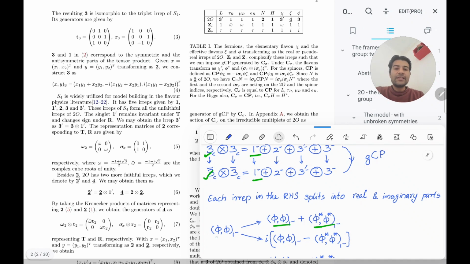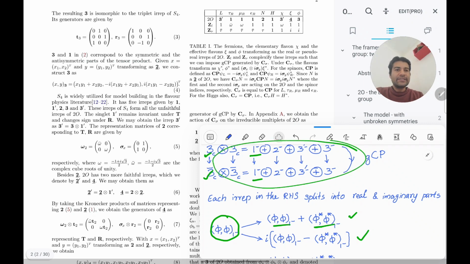We can show that the real and imaginary parts of this phi 1 minus, where the real part is just the sum and the imaginary part is I times the difference, transform differently. The real part remains invariant under GCP, while the imaginary part changes sign. So this information is not obvious in these equations shown here.